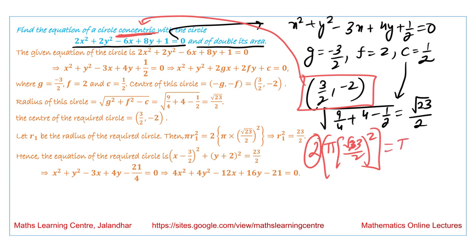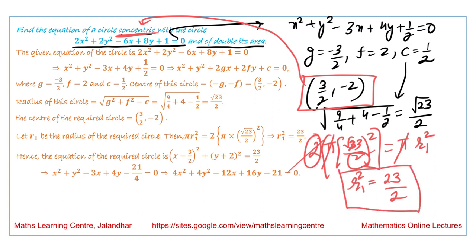This should be equal to pi times the radius of the new circle squared. The pi gets cancelled, so the radius of the new circle r1 square is equal to 23 by 2, since the 2 cancels with the square over here. So r1 square is 23 by 2.